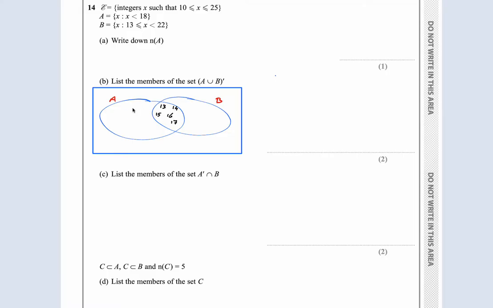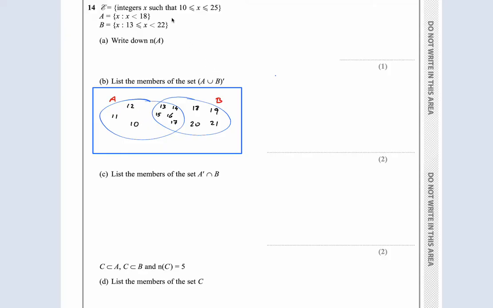So what I can do is continue A. So A here will have 12, it'll have 11, and it'll have 10. It can be 10. And B in this part will have 18, 19, 20, and 21. It won't have 22 because it has to be less than 22. The same way A doesn't have 18.